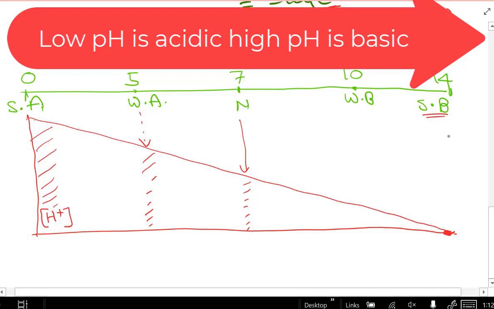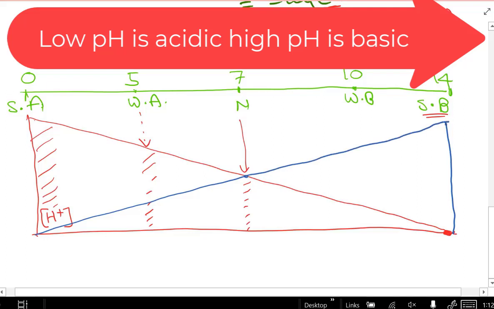Okay, now we're going to use hydroxide ion concentration. It's sort of opposite, and then it goes from low to high, right? But try to remember the red triangle. And then strong bases have a lot of hydroxide groups, and the neutral area has protons and hydroxides in equal amounts.